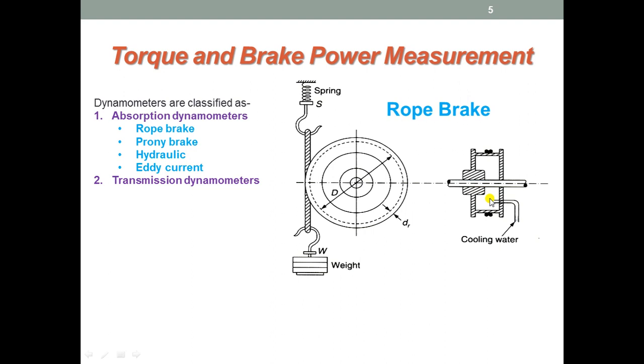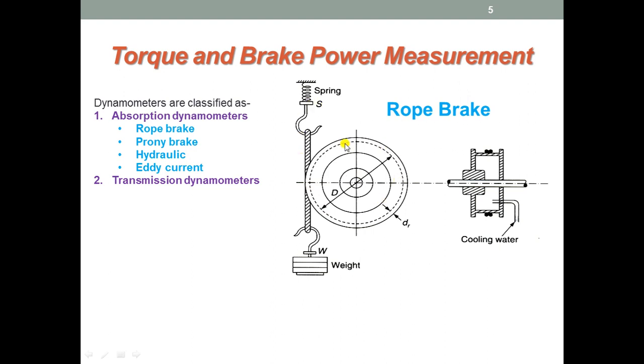A rope brake dynamometer is a simple device used to measure output of the engine. It is cheap and easily constructed but not very accurate.